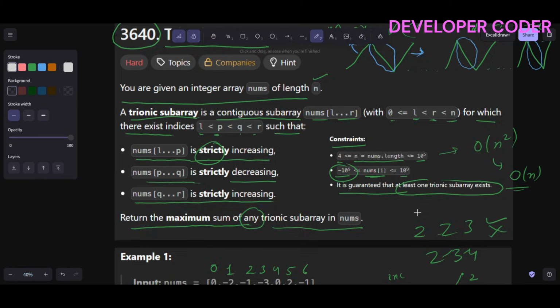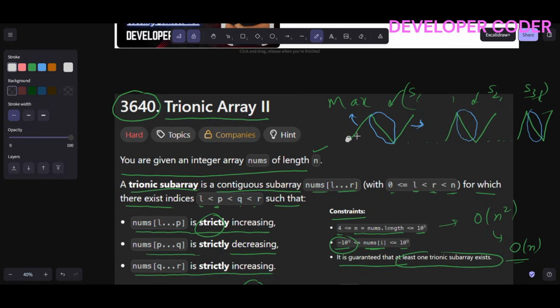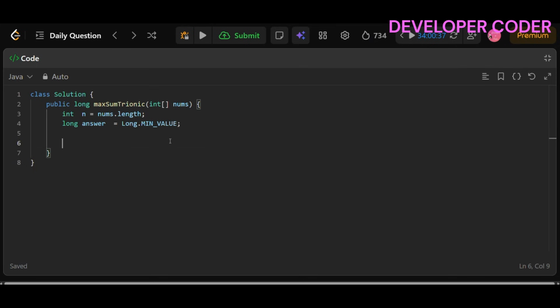Here, this is one start point, this is one start point, right? So we can have different starting points. For that I'm going to run one loop. I will say for int start is equal to 0, start less than n, start plus plus.